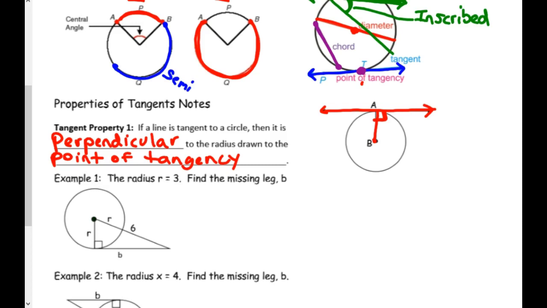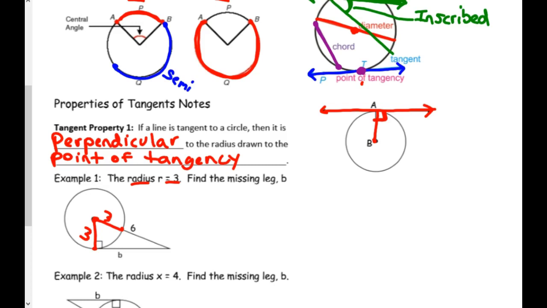Now, what do we know about radii? What do I know about this and this? Are they the same or not? They're the same, right? And it tells us that they're 3. So guess what? 3 and 3. Cool.